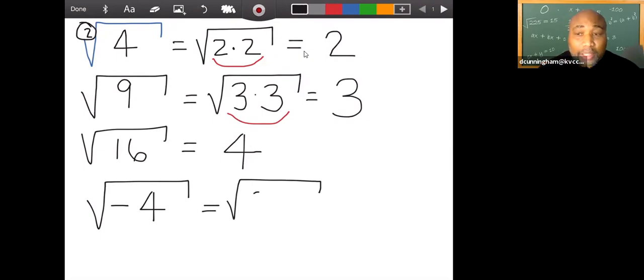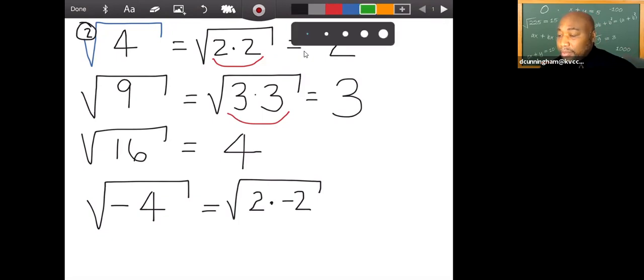But the problem is, 2 and negative 2 are not the same number. And this is the only way I can get a negative 4: one of the numbers must be positive, one of the numbers must be negative. Since I don't have the same number, these are different, then I have no solution.